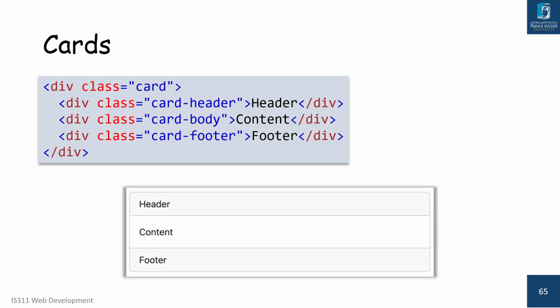We have three different sections: one is the header, one is the body, and the third one is the footer. So we can divide it like that. The header is more like showing that image, if we talk about the movie example. In the contents, we give the title of that movie and information about that movie, and in the footer I give the further link where you can go and read more details about that.